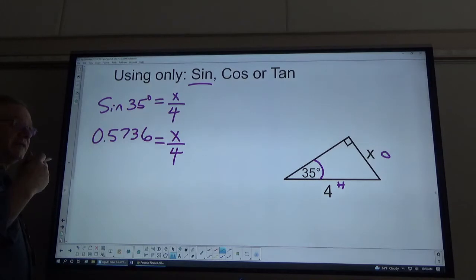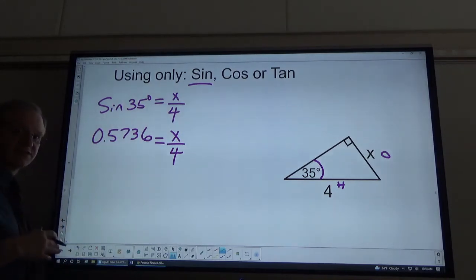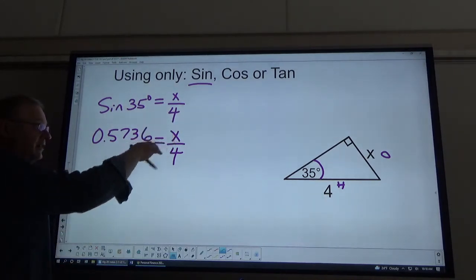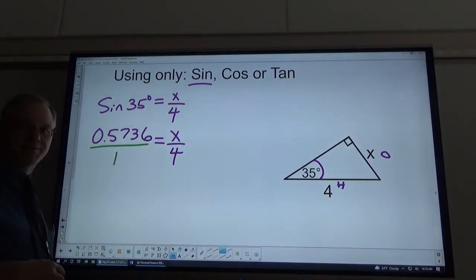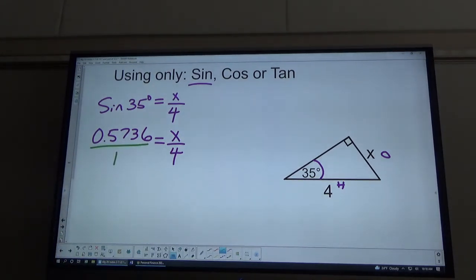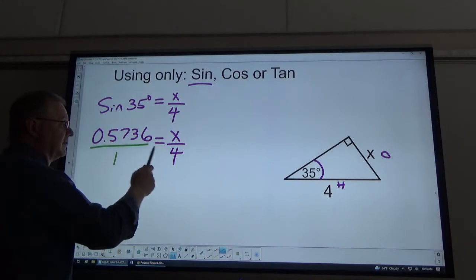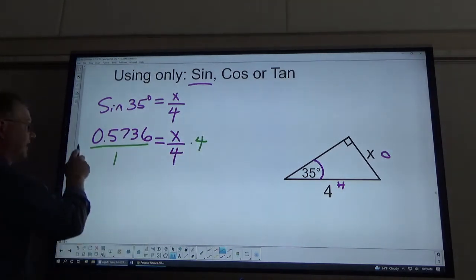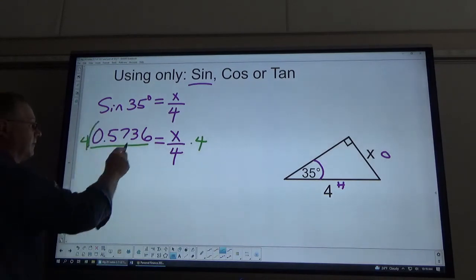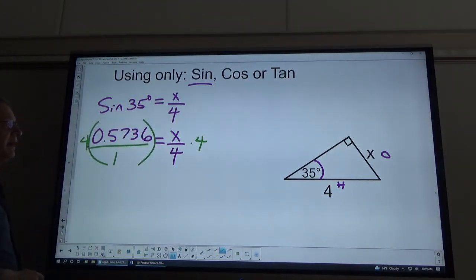Now, in this particular case, it's easy to solve, but if x were on the bottom instead of the top, you're going to make this a fraction and cross multiply. You can always make it a fraction and cross multiply, but it is easier to solve when x is on the bottom to do it this way. The other way you could do it, in this case, is just multiply both sides by 4. And that way, it will get our answer.